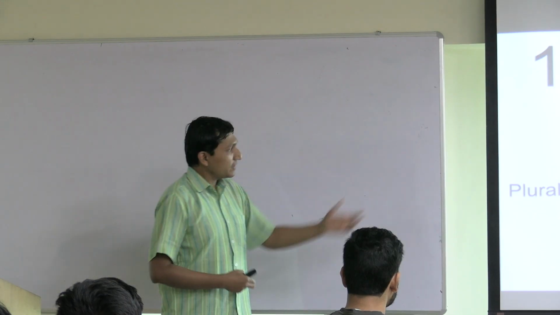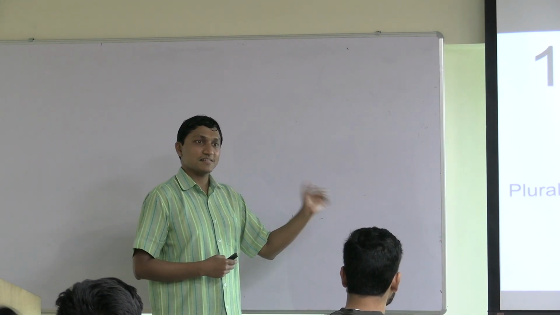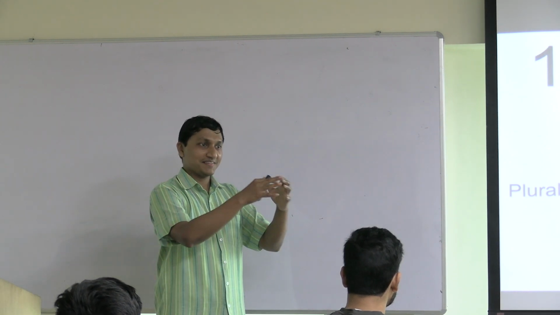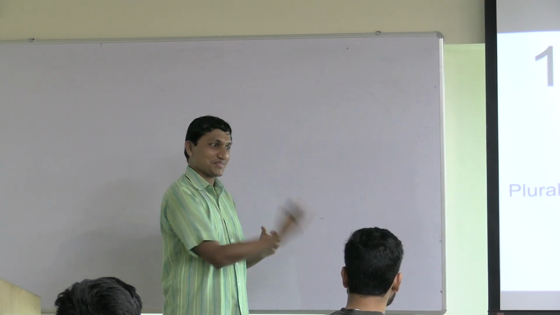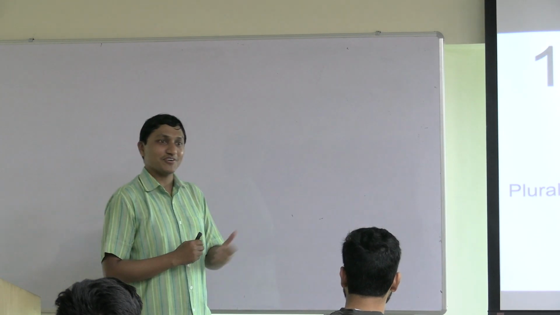So the first rule I want to talk about is plurality. Does anyone know what it does? You've already mentioned this rule. I just want to know if you can associate the name with what it does. Have people heard this term before?